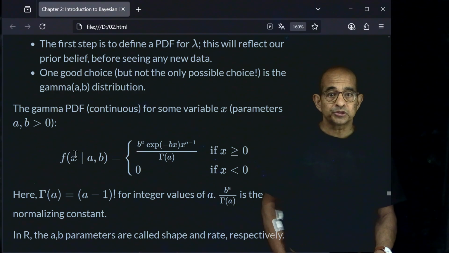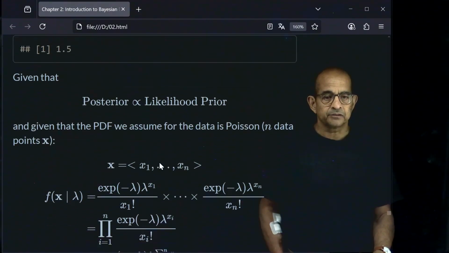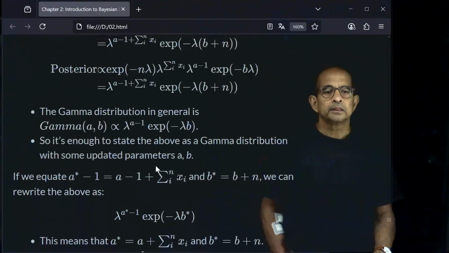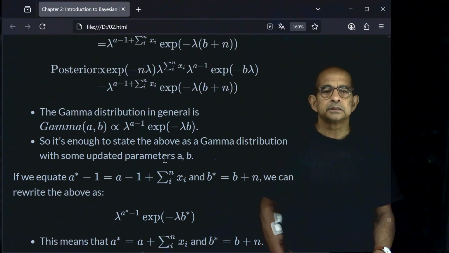That's why I'm not using x anymore; I'm using the term lambda here. So my gamma distribution is expressed in terms of the variable lambda, and that's why I want to express the gamma in terms of minus some b times lambda now. That's what's happening down here in this equation.